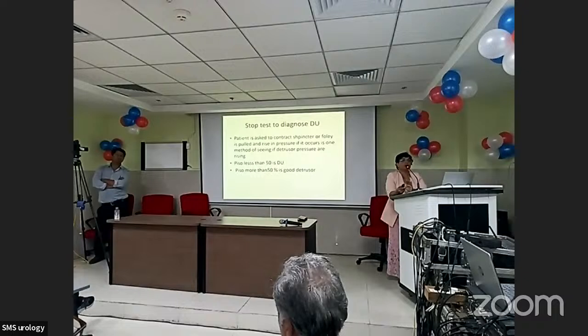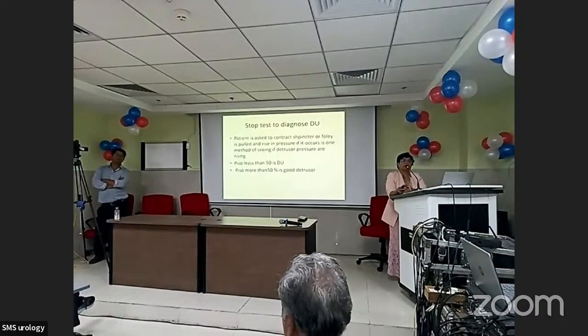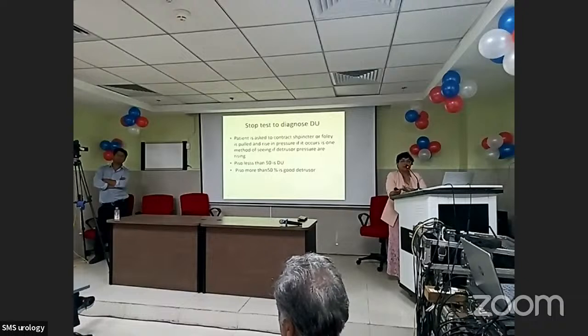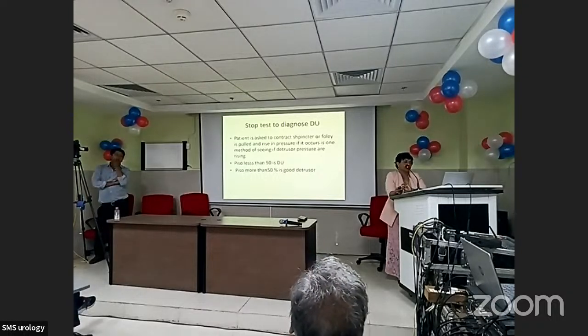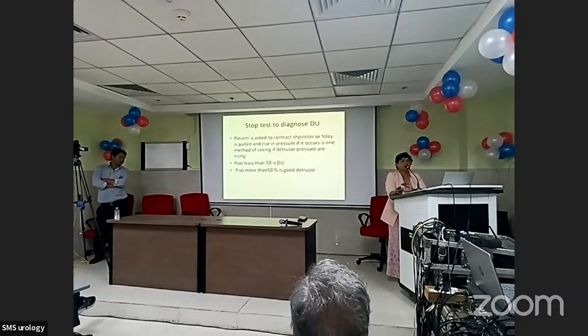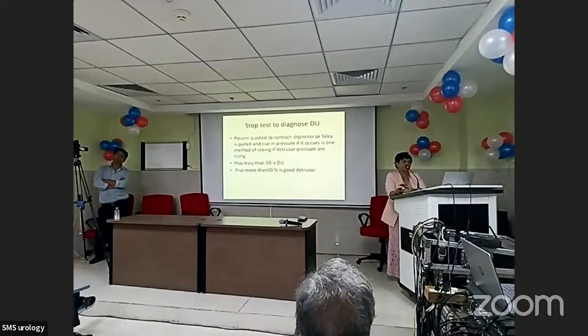So non-invasive urodynamics also utilizes this stop test, and this stop test can be also utilized in invasive urodynamics. That the patient is passing urine, you ask him to stop. If he is able to stop, well and good. If he cannot stop, you can apply a clamp or you can pinch the clamps. Or if he is on a catheter, you can tug the catheter. So here you measure the isometric bladder pressure.